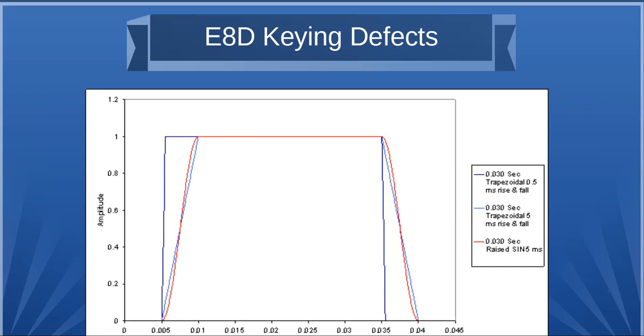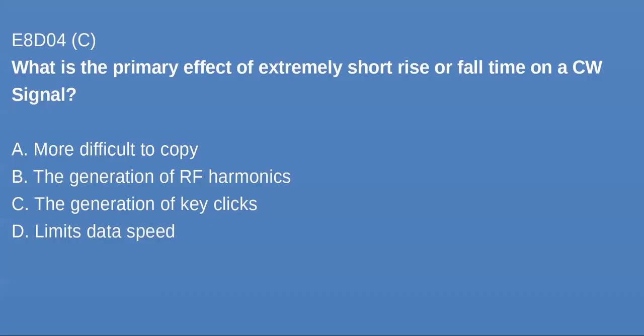Or if you apply the raised sine to it, you get about the same thing as the trapezoidal, except you get a little more rounding at the top, so it's probably a little less harmonics coming out.